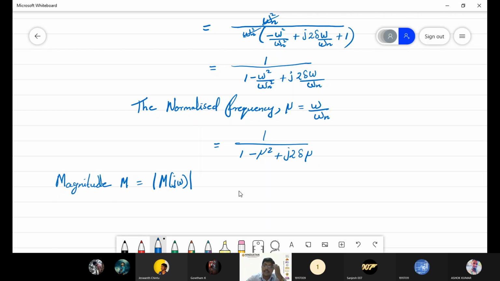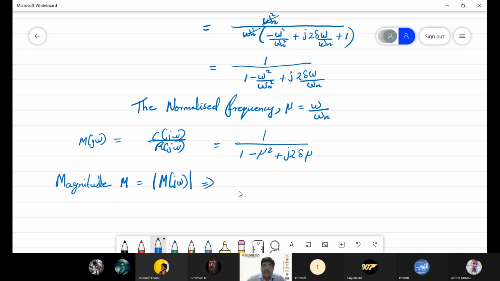I have given this already. Therefore here we can write M of j omega equal to C of j omega divided by R of j omega. So this is the value we got. Now we are going to take the modulus for this, right? Therefore we need to take the modulus for this also.